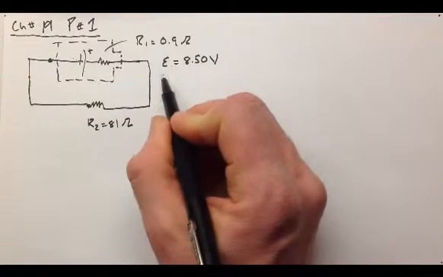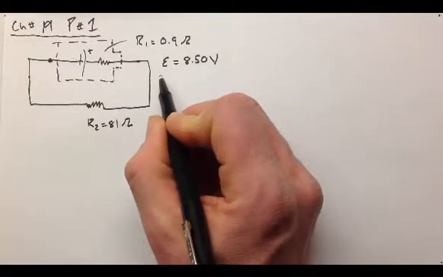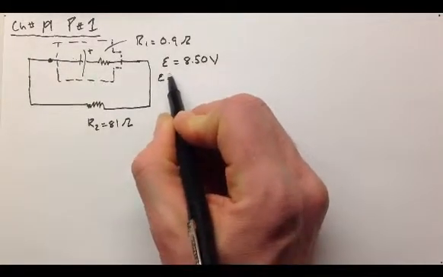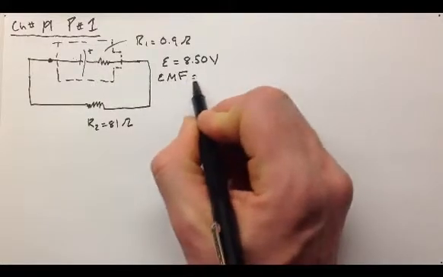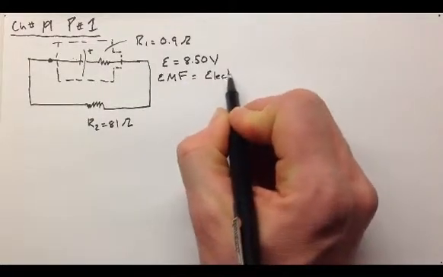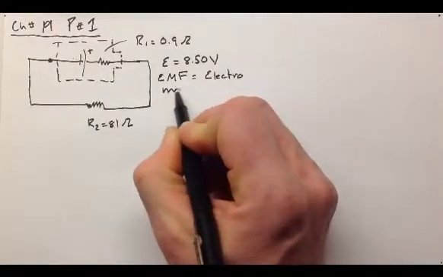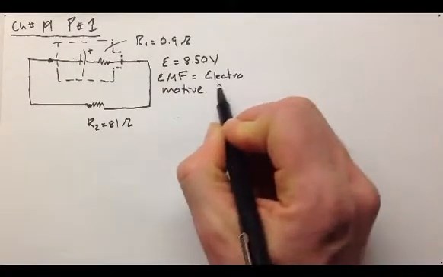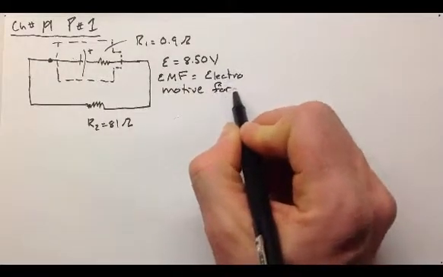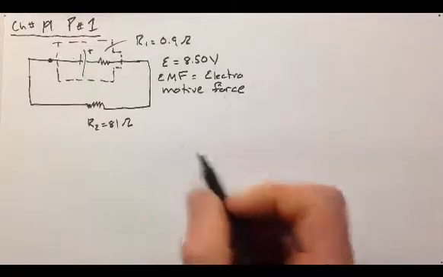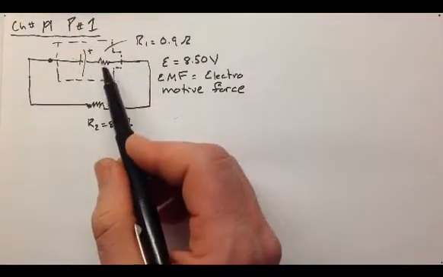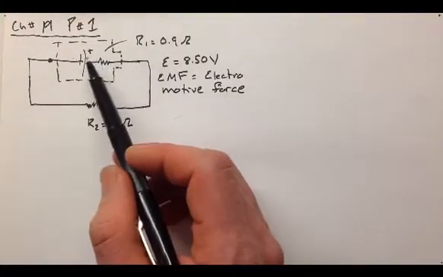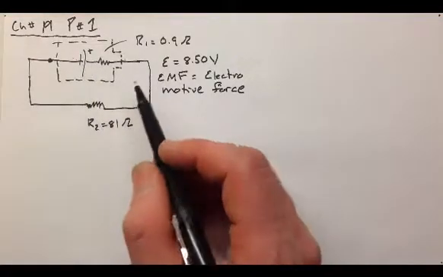This Greek letter, capital epsilon, is short for EMF, or electromotive force. When you hear that term, you're going to want to think voltage, but specifically the perfect voltage of a battery.